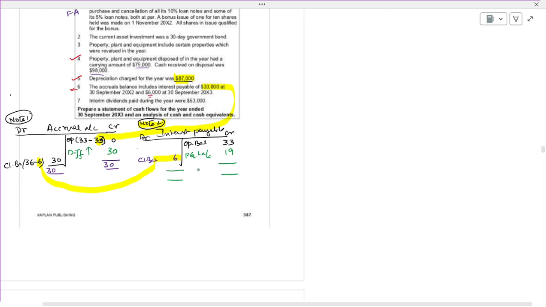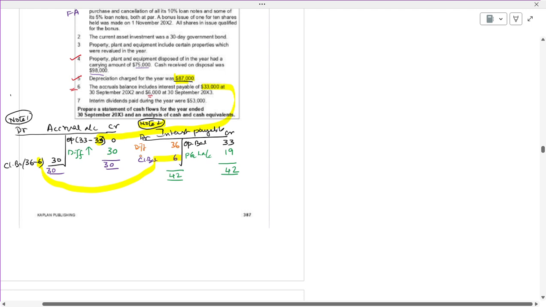Credit side is more. 42. The difference is how much? 42 minus 6, 36.